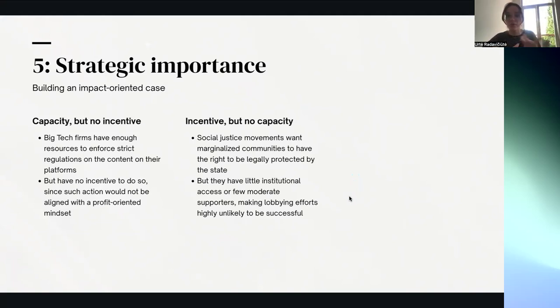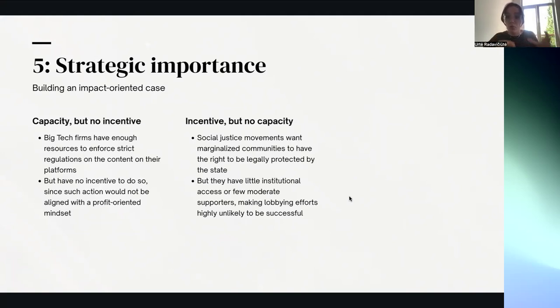So examples of this would be big tech debates where you talk about enforcing some sort of regulations. So we know that they probably have enough resources, financial, institutional, to enforce those regulations on the content of their platforms.